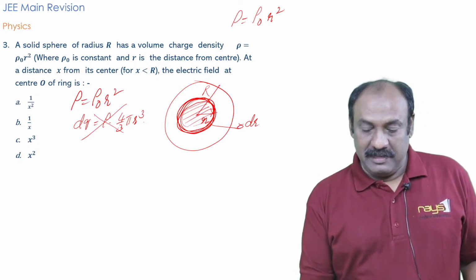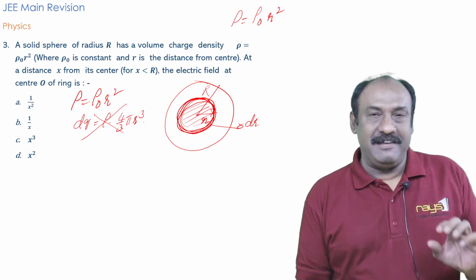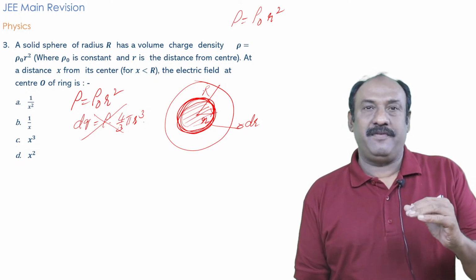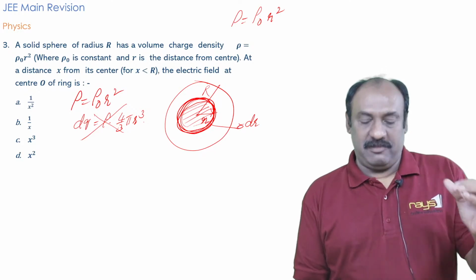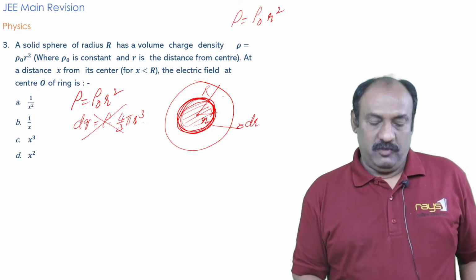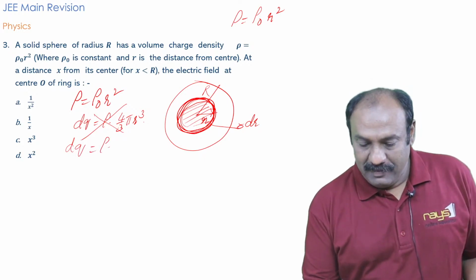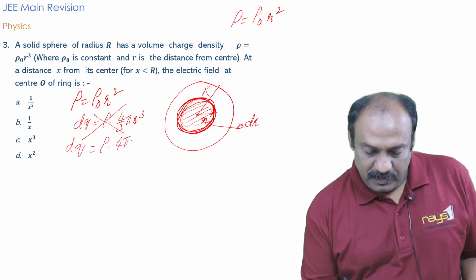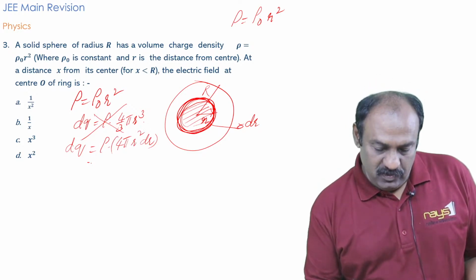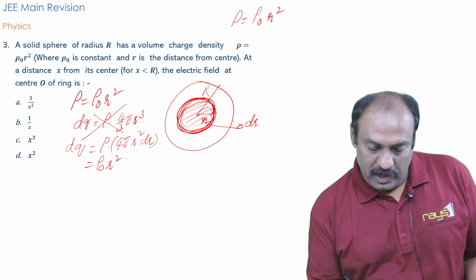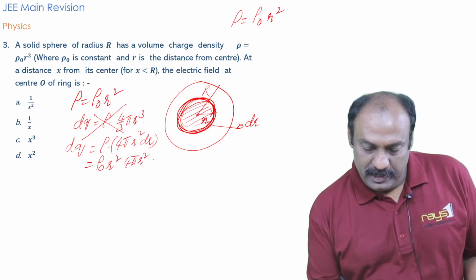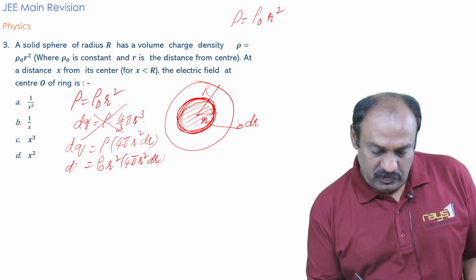Here we have to consider this solid sphere consists of a number of shells with increasing radius from center to edge. So due to that, dq is written as rho into volume of this shell, which is 4 pi r square into dr. So what is rho value? Rho naught into r square into 4 pi r square into dr is equal to dq.